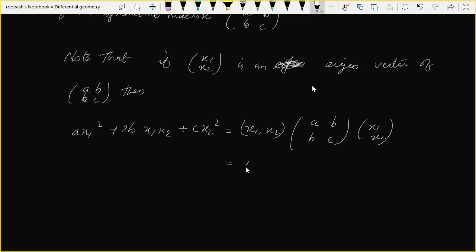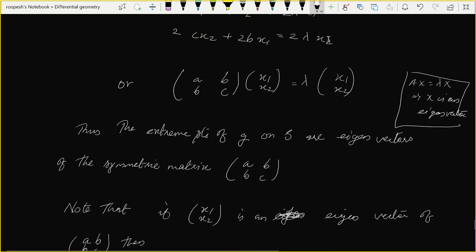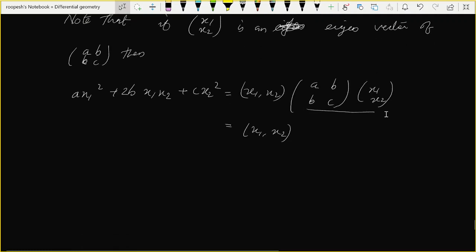Now this is equal to x1 x2 times lambda, marking this as star, so this can be written as lambda into x1 x2 by star, right?